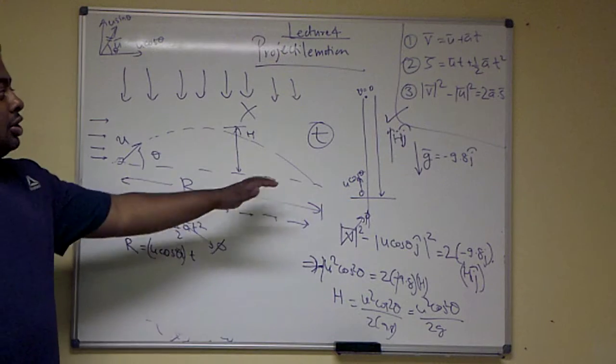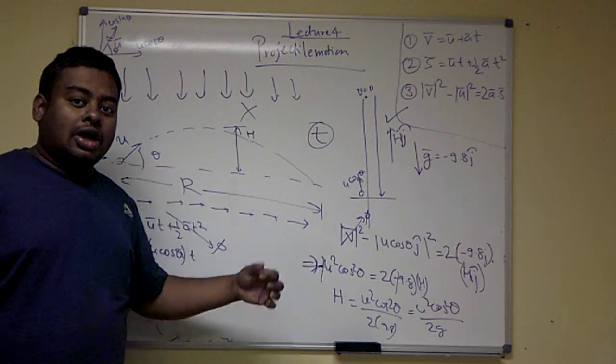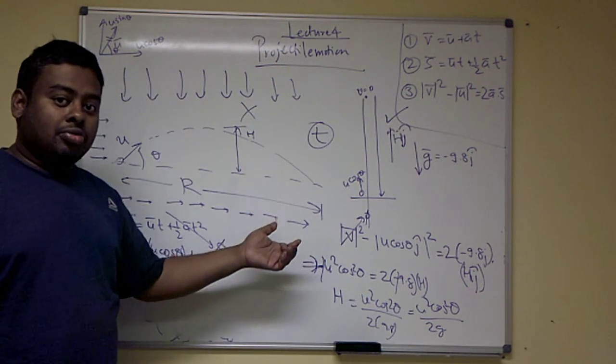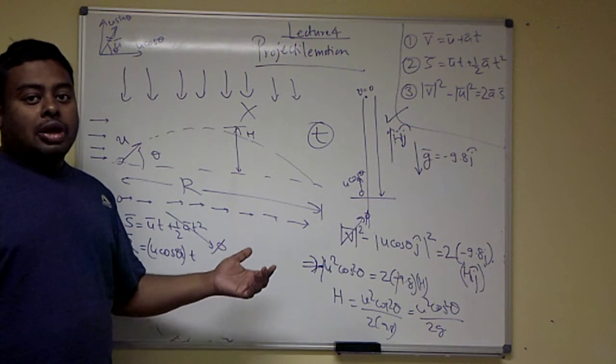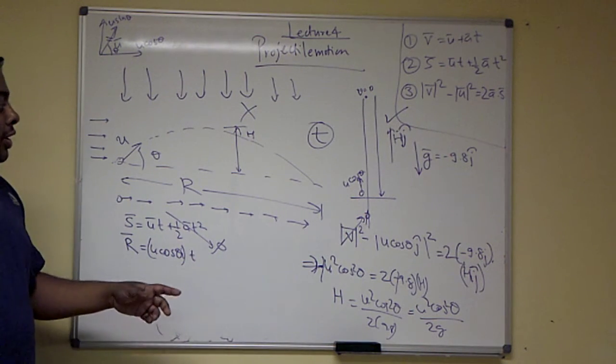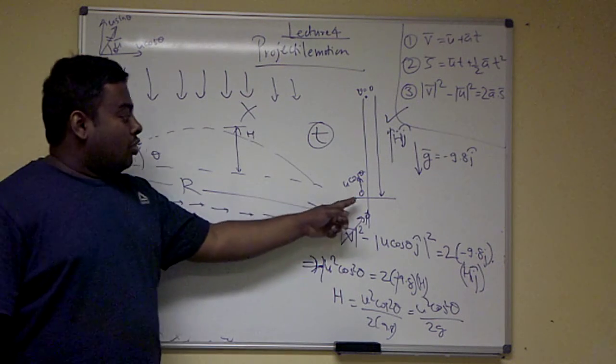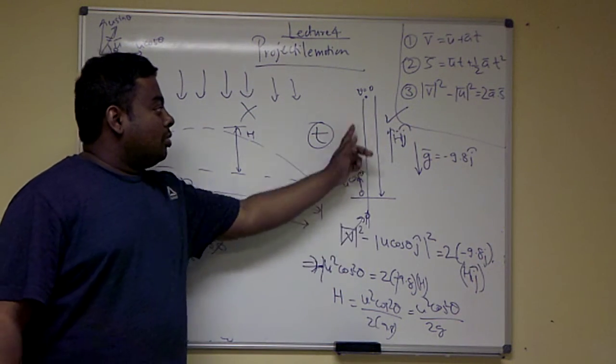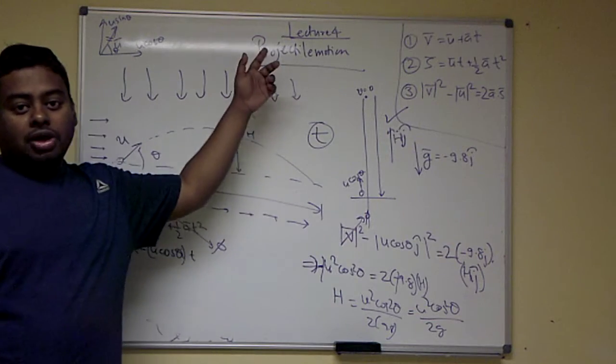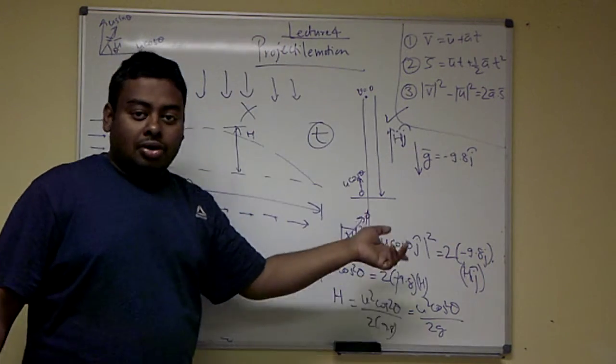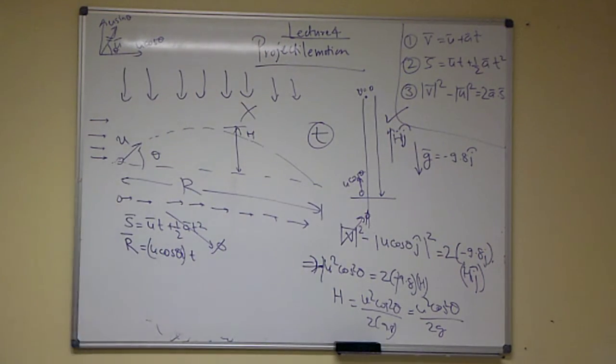We'll use this vertical motion scenario and use the second equation or the first equation of motion to get the amount of time it required in the vertical direction for the ball to go up and come down. Okay, so here is your minute when you can take more notes on the usage of third equation of motion in the vertical component of projectile motion.